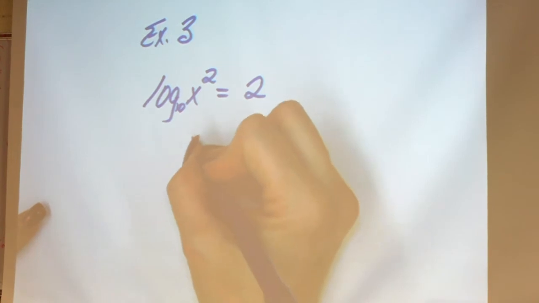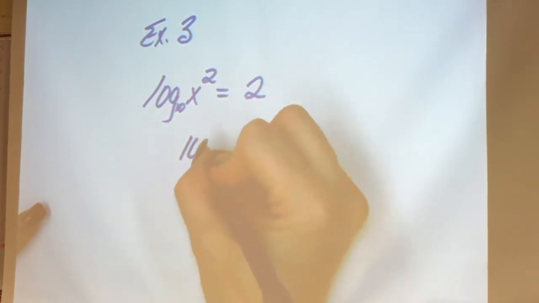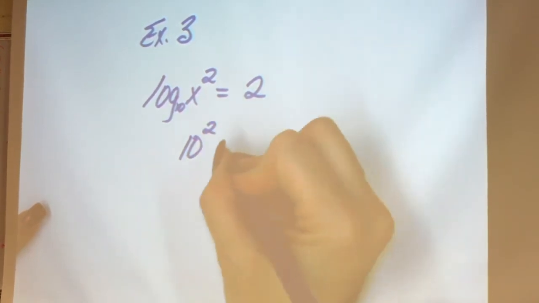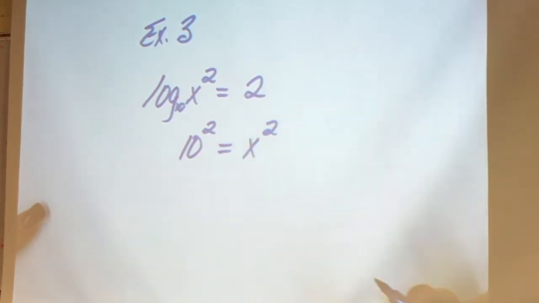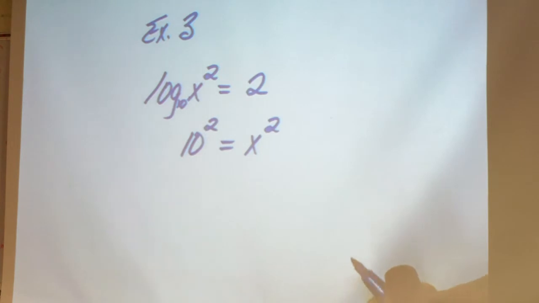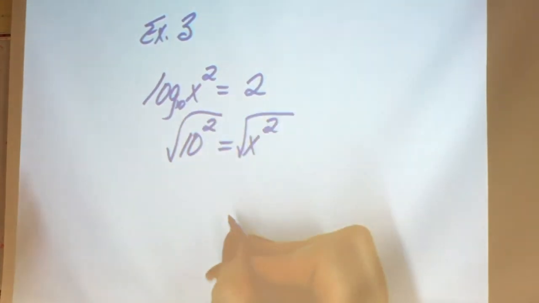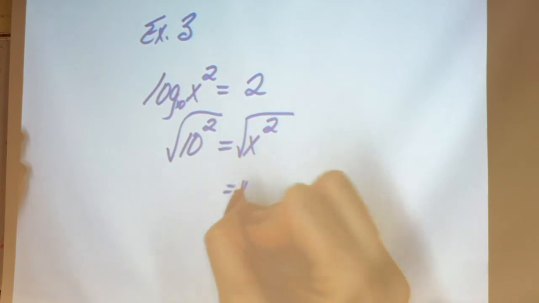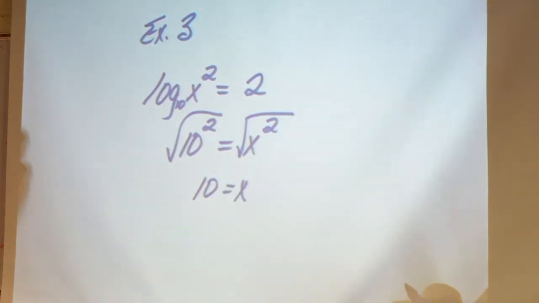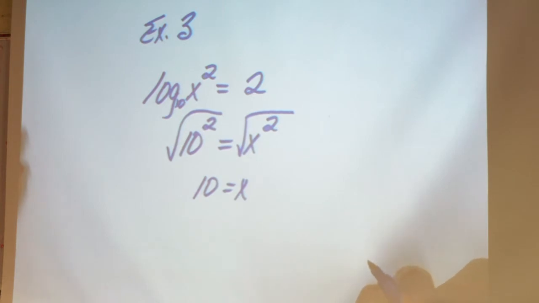So I'm going to switch it to the exponential. So it would be 10 raised to the second power equals x squared. And to solve this, we take the square root of both sides, and so x equals 10. That one's pretty simple. If you change it to the exponential form, it's much easier to figure out what to do because we're used to seeing things in the exponential form rather than the log form.